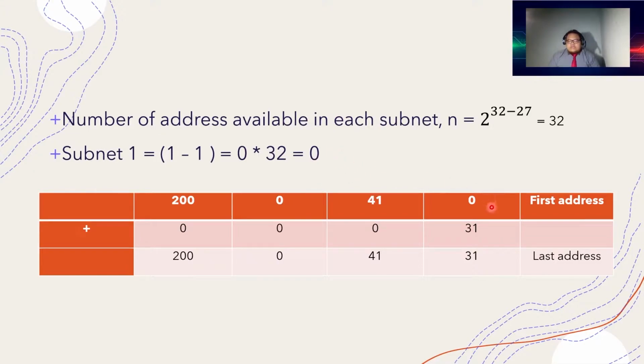The changes that occur are in the last byte, the fourth byte, because the block of address has a mask of 27. This shows that bytes 1 to 3 are full with the subnet of 255.